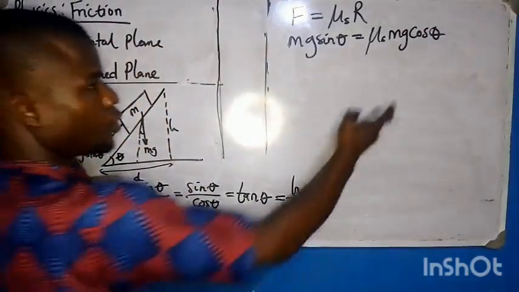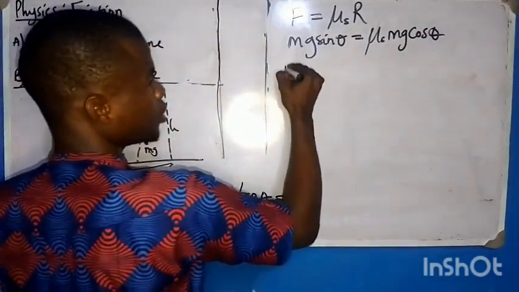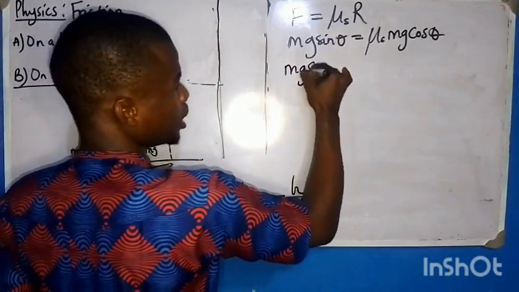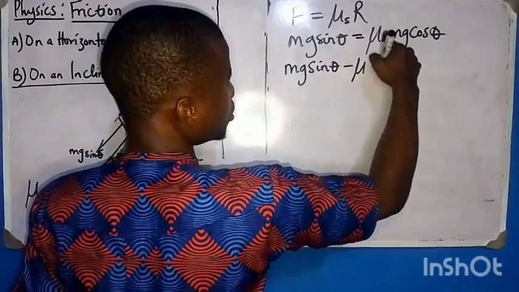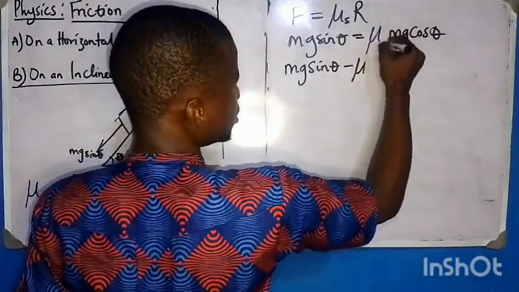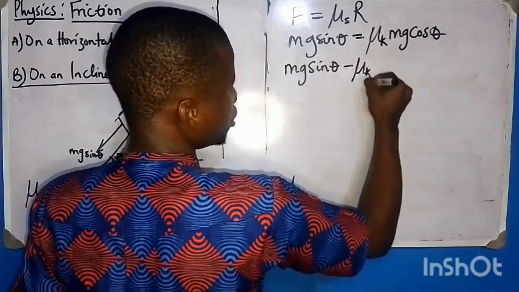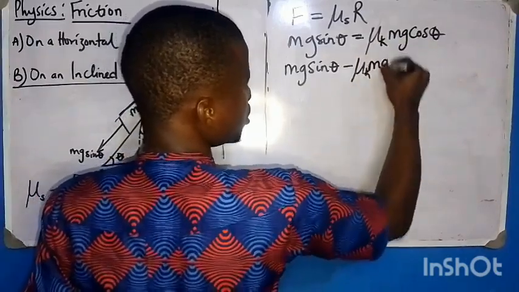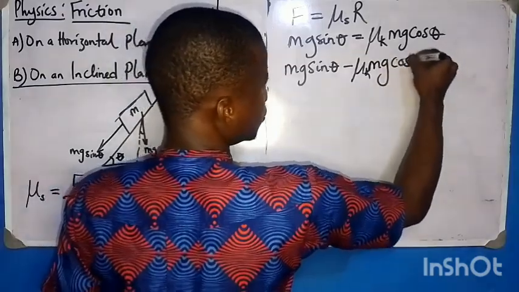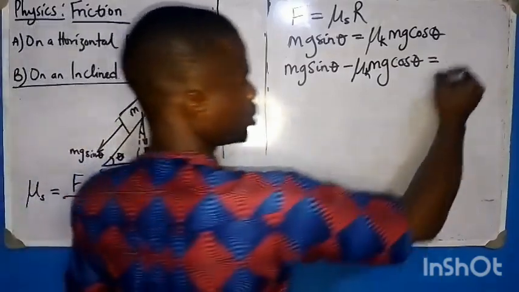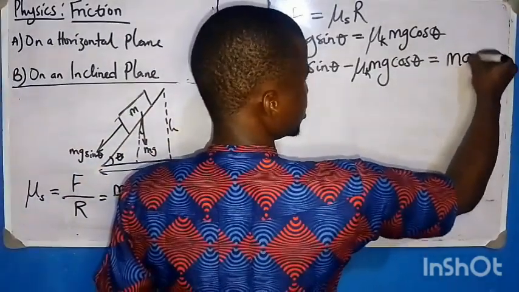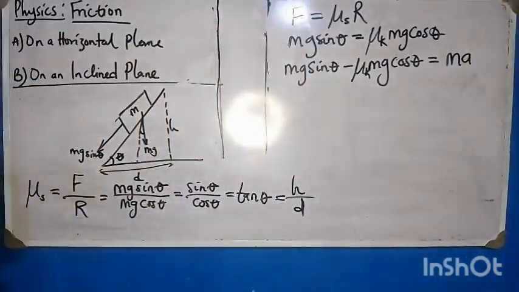So if we bring this to the other side, we are going to have mg sin theta minus mu k mg cosine theta is equal to, remember, if it is in motion, the mass times the acceleration.